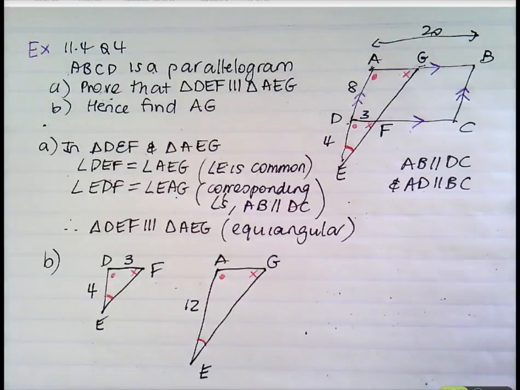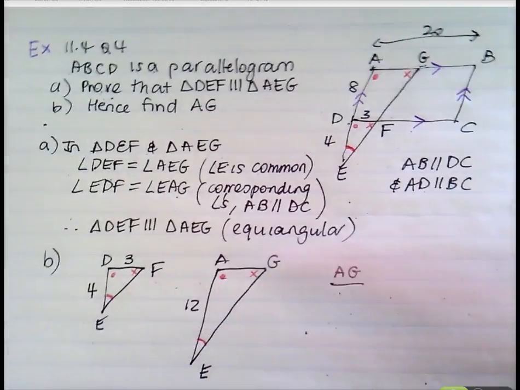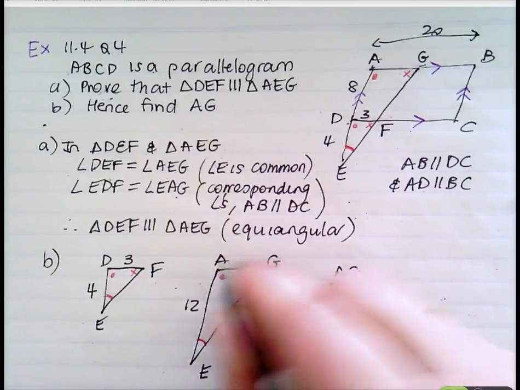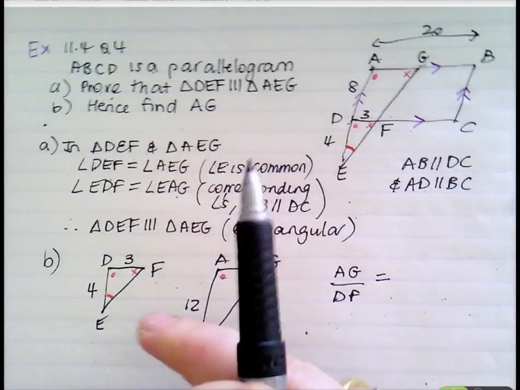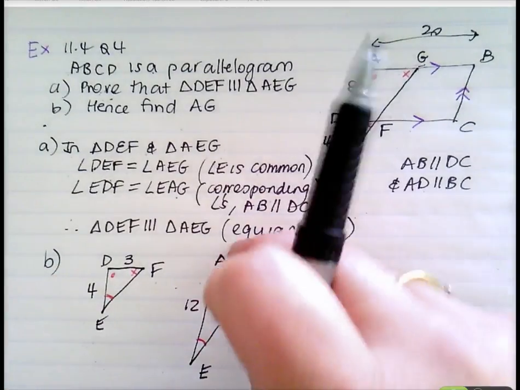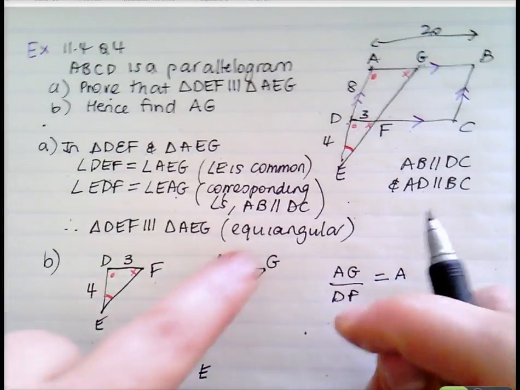So, girls, the one that you want, you write down first. AG, where's its match? Dot cross. What's the matching side for AG? Equals. Now you choose another pair that you know the two side lengths for. So AG over DF equals, come on, that over that.